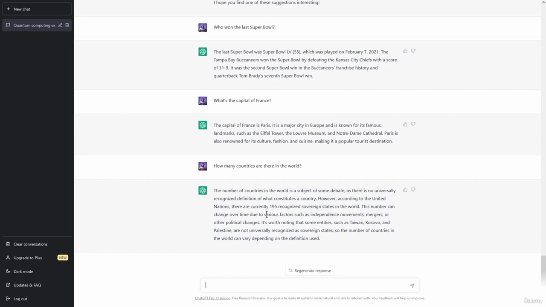So it gives itself the ability to have the most accurate answer in its response. And then it also gives us a reference or resource that it got its information from. Basically it says, according to the United Nations, there are currently 195 recognized sovereign states in the world.